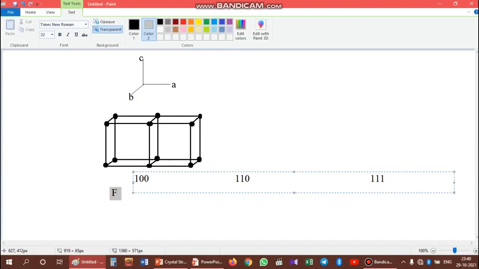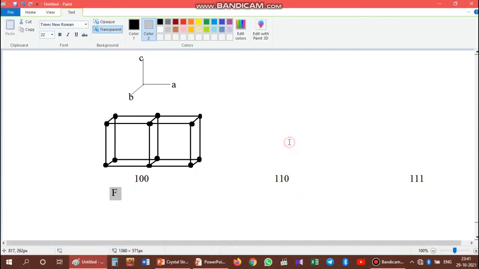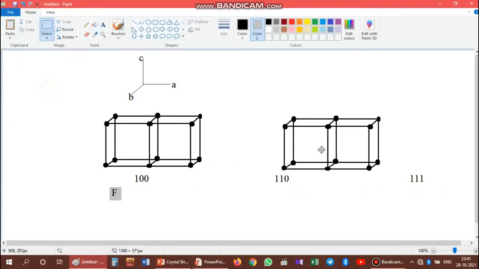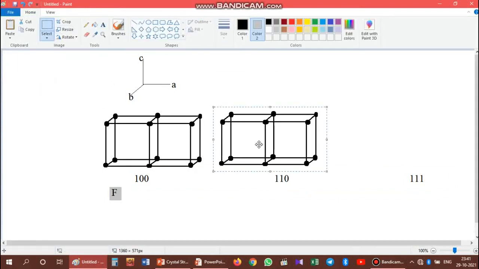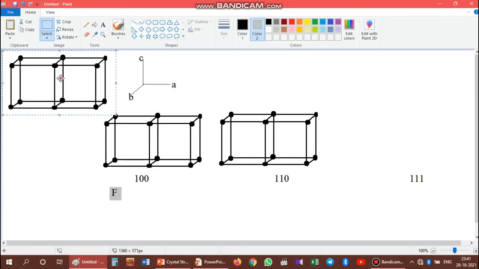For 111 we shall draw yet another picture here. So this is to be for 100 and this is to be for 110.